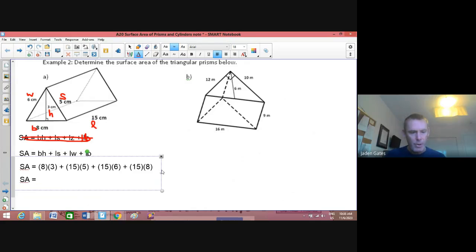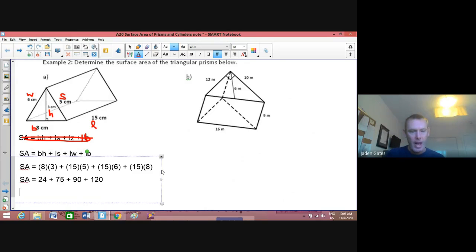So 8 times 3, I know that's 24. 5 times 15, 75, I believe. 15 times 6, should be another 15 on top of that one, so it should be 90. And then 15 times 8, I believe, is 120.